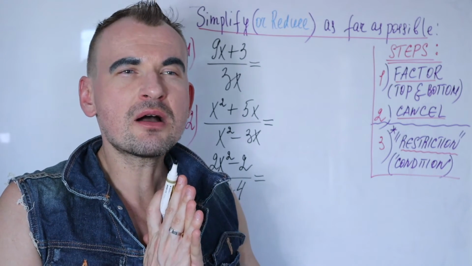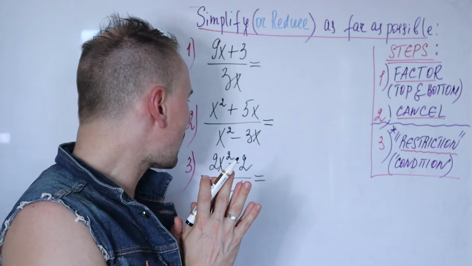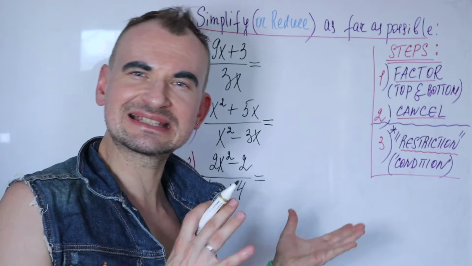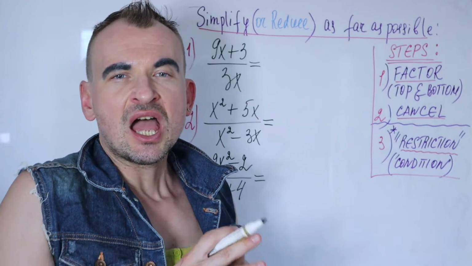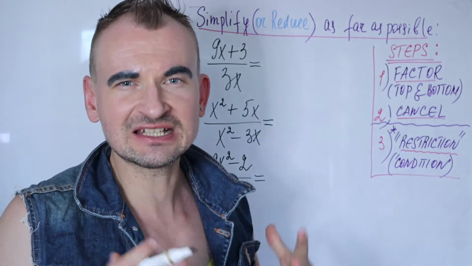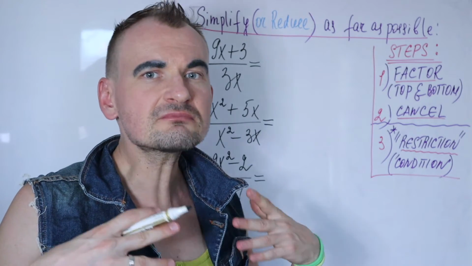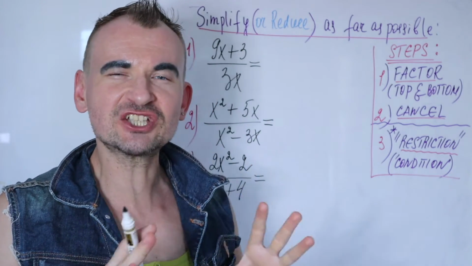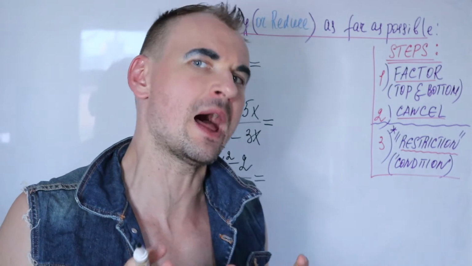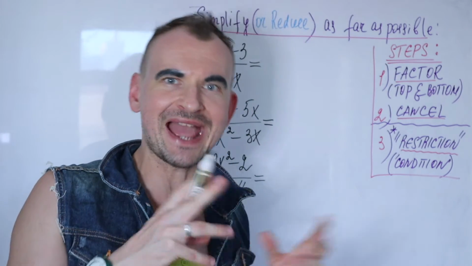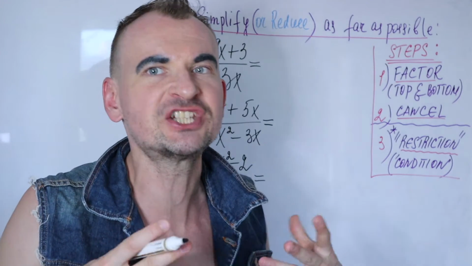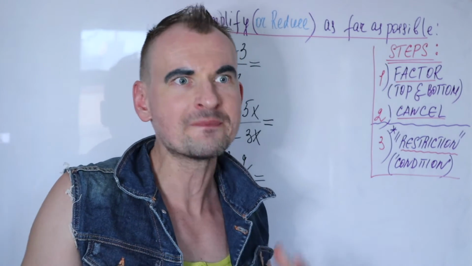Now we will be focusing mostly on only one variable, let's say x, that your rational expression is made of. Sometimes your expression contains more than one variable. It could be x and y, it could be a, b, or it could be more than two, sometimes three or more.